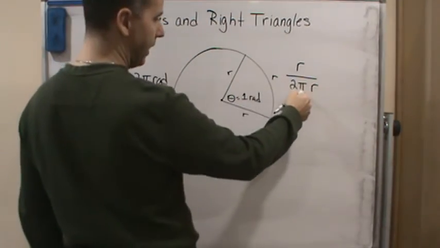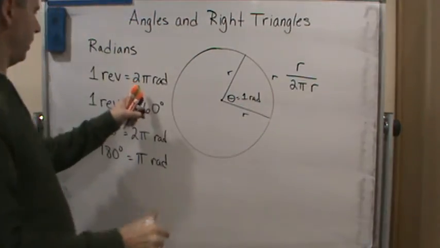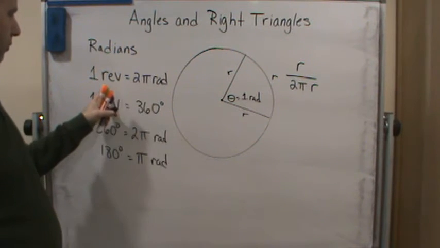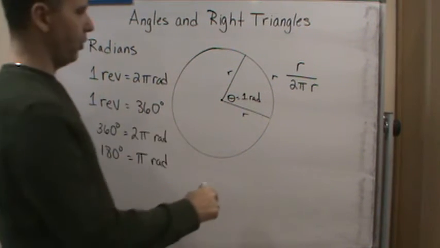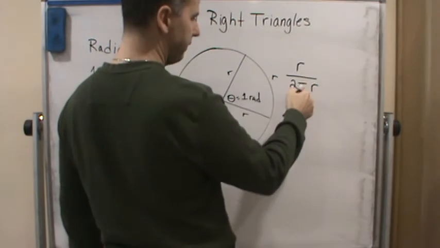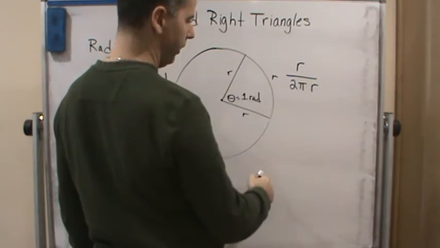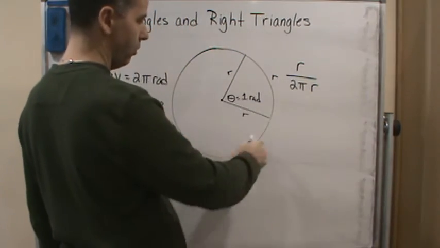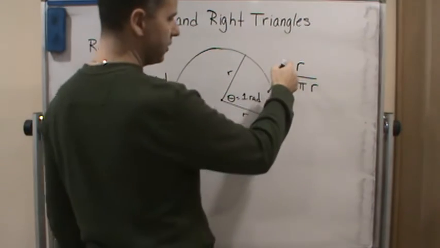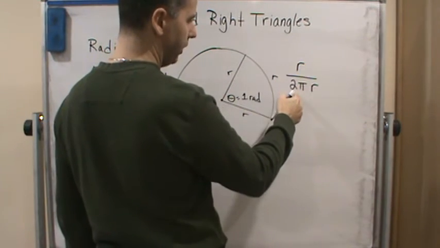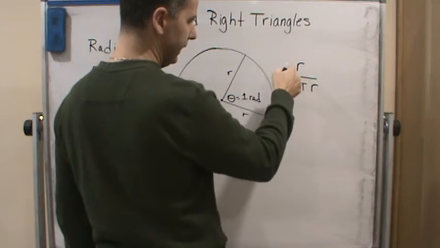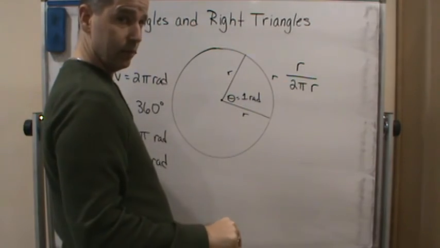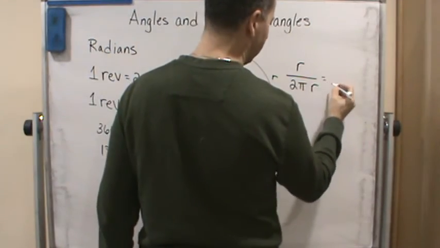Remember how many of these radians are in 1 revolution? It's 2 pi. So if I have R, I can divide that by 2 pi times R, because that's going to be 1 revolution. So this is a proportion. What proportion of the circle is R? Well, that's going to equal what?